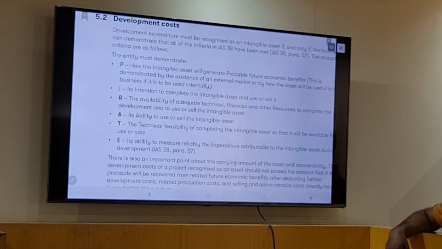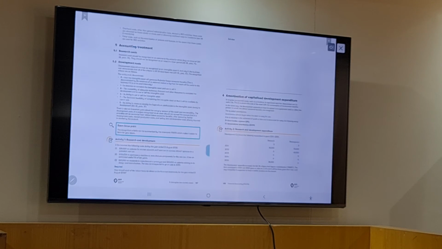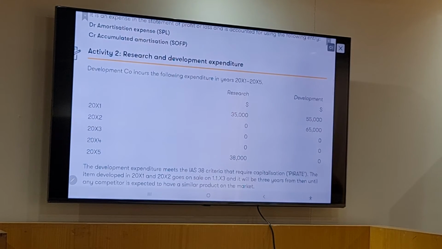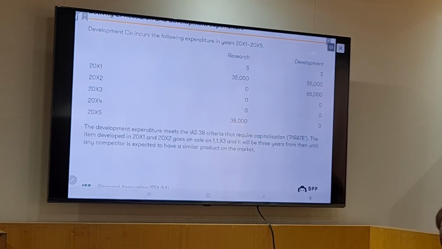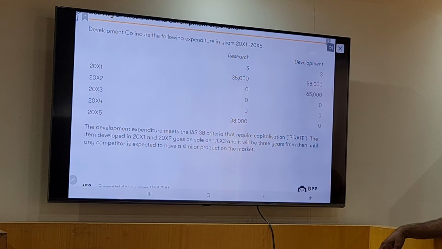Same thing, but they have put it in a slightly different way. Anyhow, the development expenditure meets IAS 38 criteria. The required capitalization: the item developed in 2011 and 12 goes on sale in 20X3, and it will be 3 years from then until any competitor is expected to have a similar product on the market.